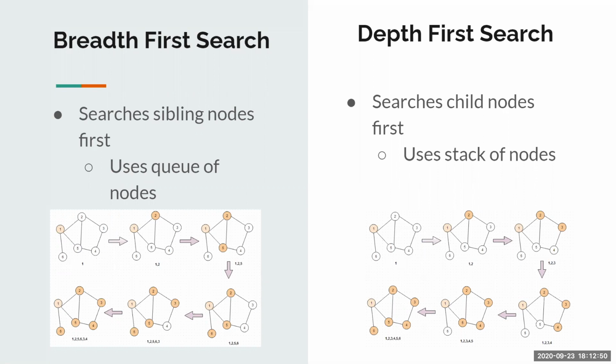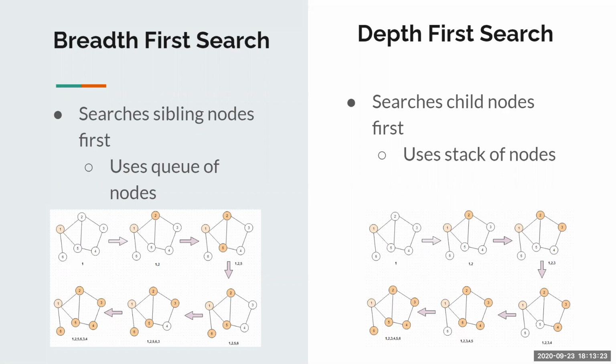Any node that gets put into the queue is searched before nodes that are put in after. So the way that works is you search in a ring around the starting node, essentially. So it's efficient when you're searching for things that are close to your starting point, and if you have a large number of branches or no very long chains.